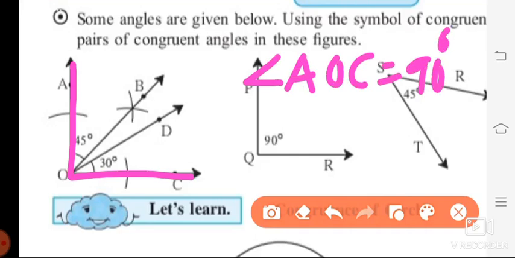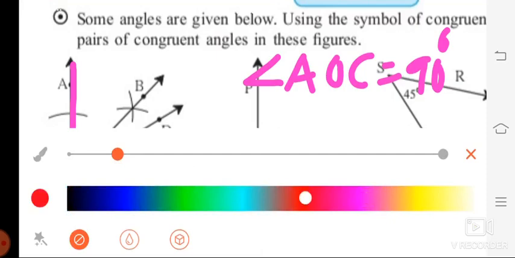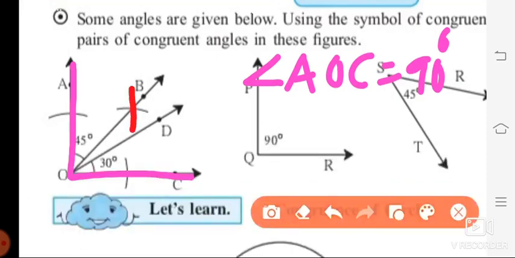Next, see, did they show you a bisector here? 1 and 2, like this arcs are there, and one ray is passing. Is this the bisector of this angle? Yes, means this angle and this particular angle will be of equal measure. Yes or no? We have learned that an angle bisector divides the angle into 2 equal parts.